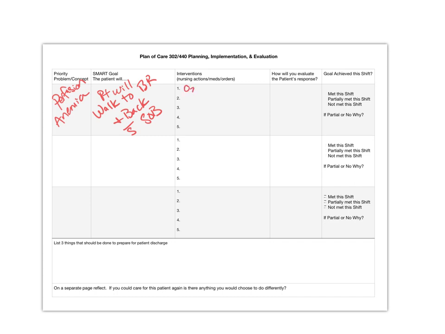So O2, PRN. Yep. What else? Iron. What else? Transfuse 1 unit packed red blood cells.